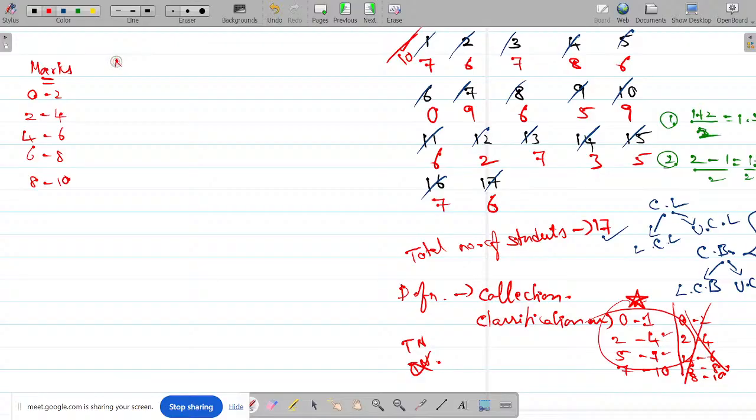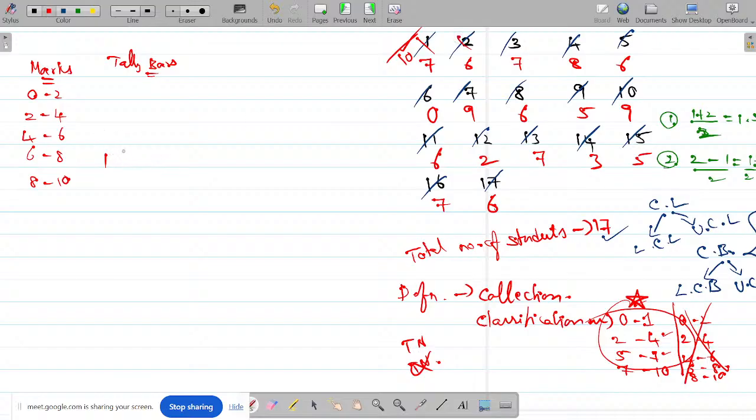Marks, number of students. Can you tell me the number of students? Actually, we need to have tally bars, right? First is 7, so over here. Next is 6. Over here or here?